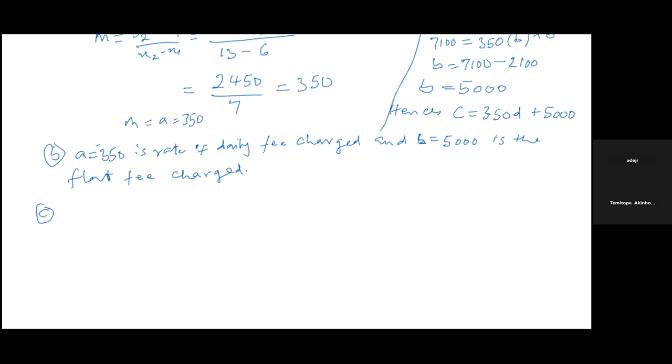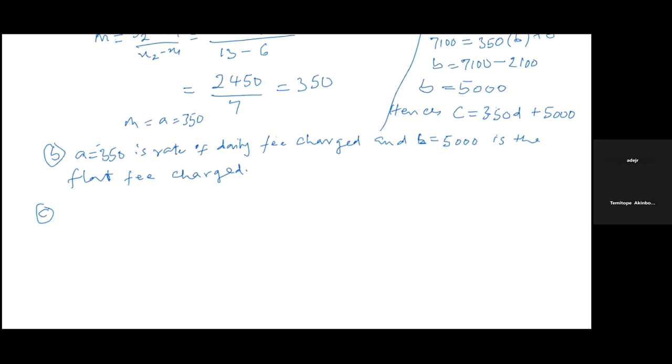Are you ready for question C? Yes. Okay. Question C says, the web designer charges a third company $13,400. Calculate the number of days the designer spent working on the website.